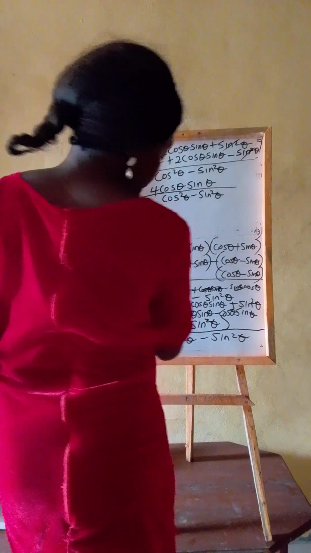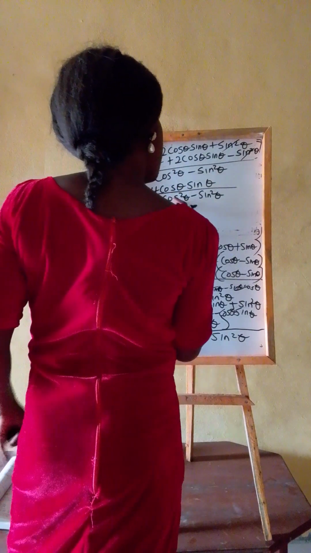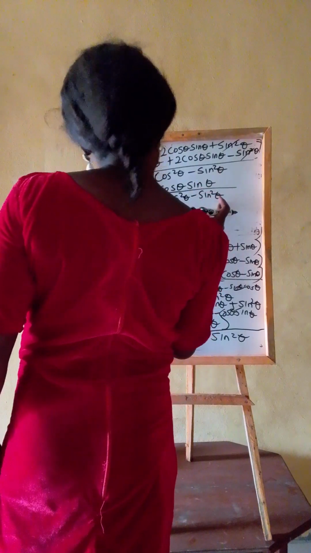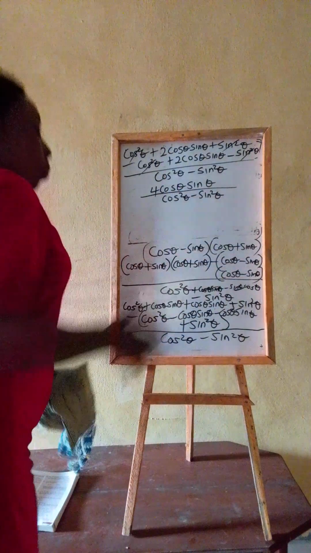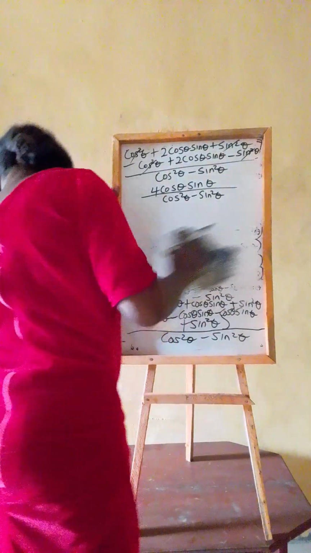And this one, cos square theta minus sin square theta, is actually cos 2 theta.